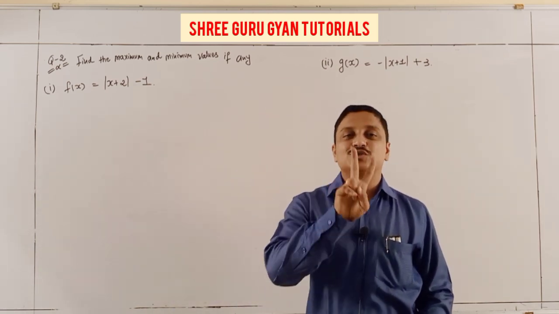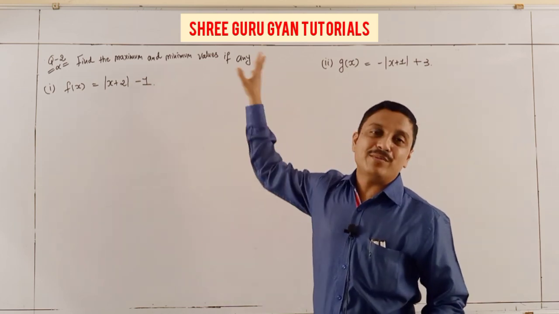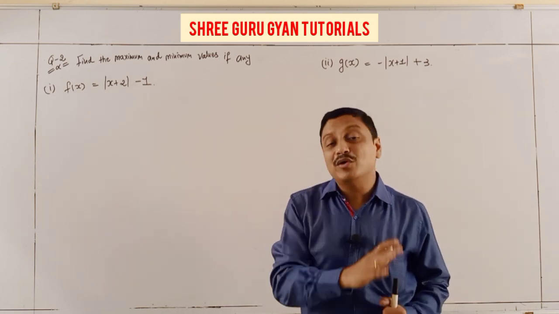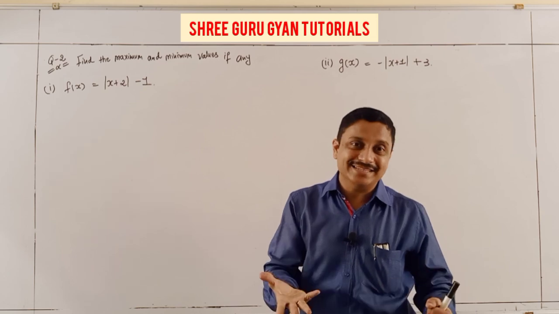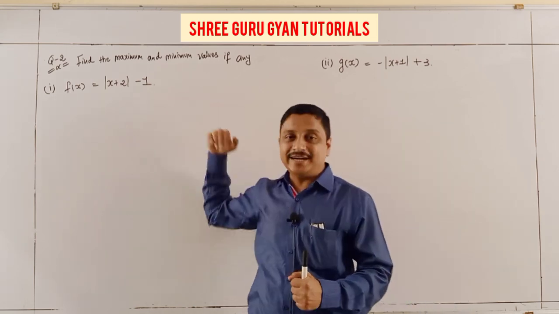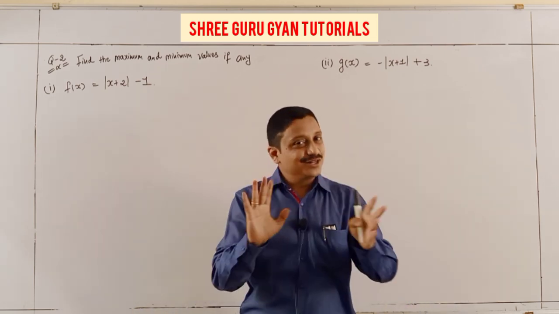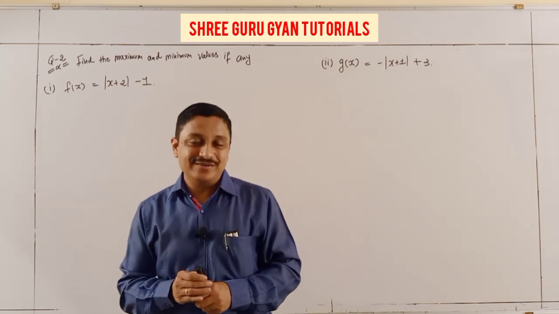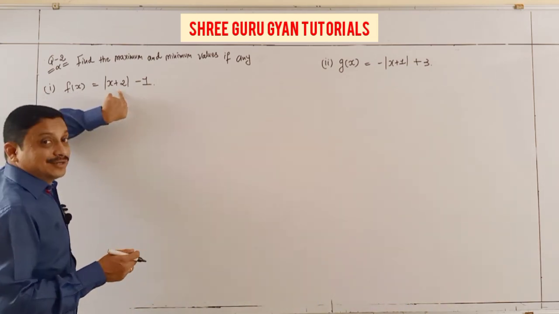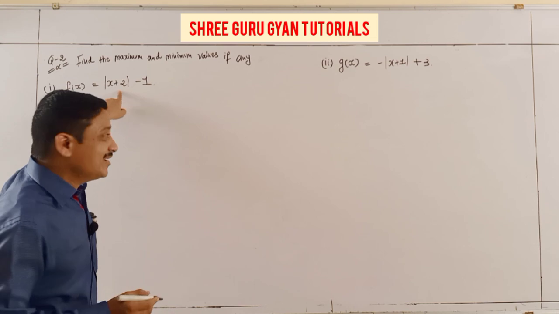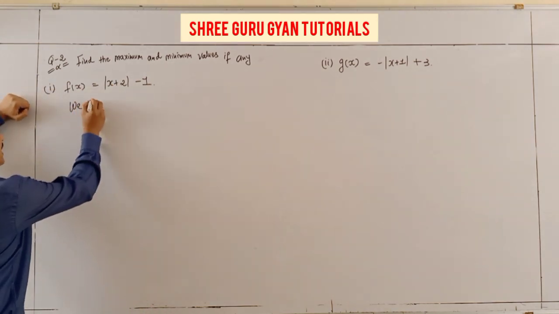Question number 2. Find maximum and minimum value of the given functions, if they exist. Question number 1 is modulus related. Question number 2 is also modulus related. I go to the first one. Students, every modulus value is always non-negative. Yes, we know that.